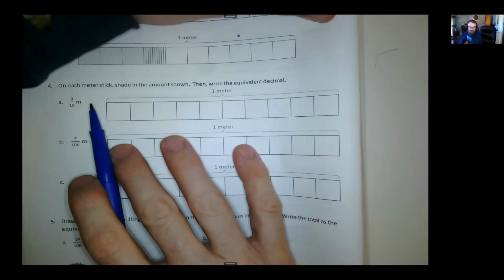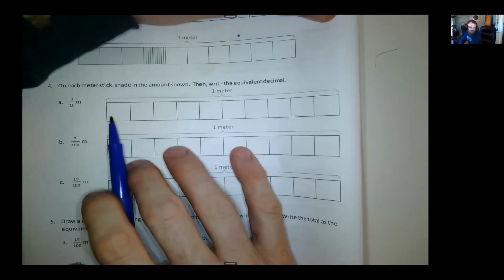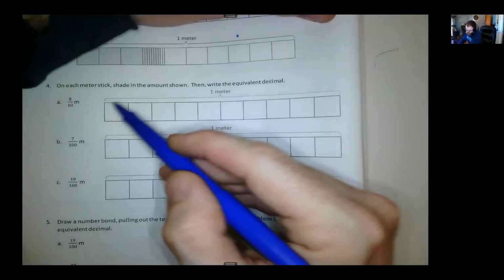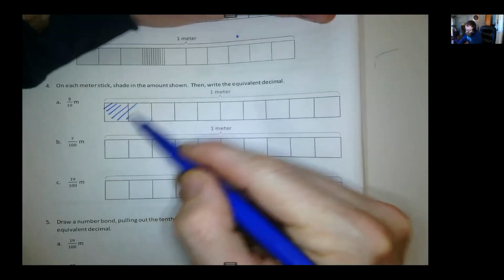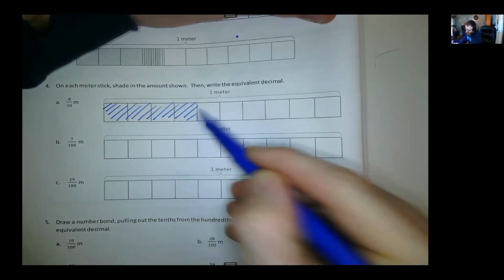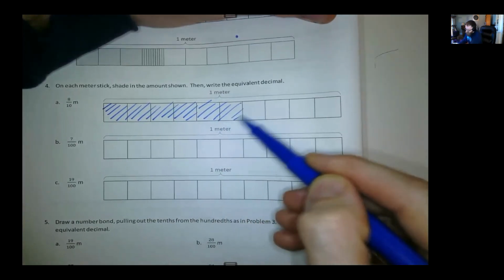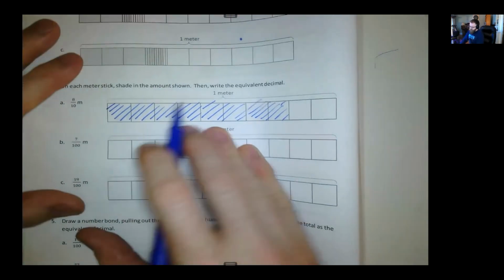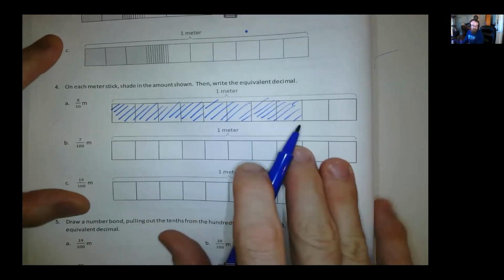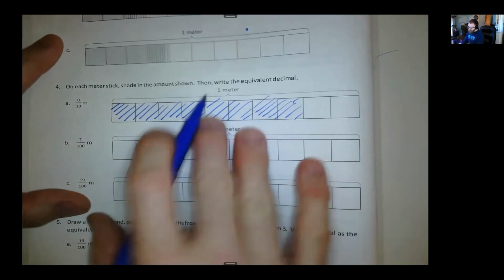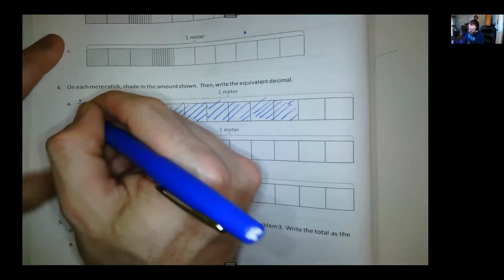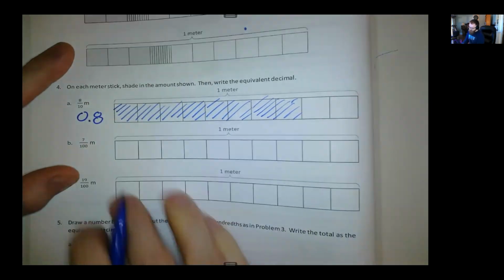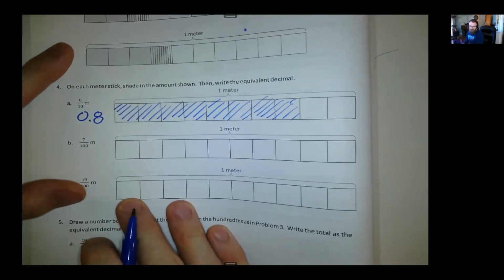You're going to shade 8/10 of your tape diagram. 8/10 of a meter. 8 out of 10 equal spaces. Write the equivalent decimal. 8/10 in decimal form, we know, is 0.8. 8/10, it's said the same way.